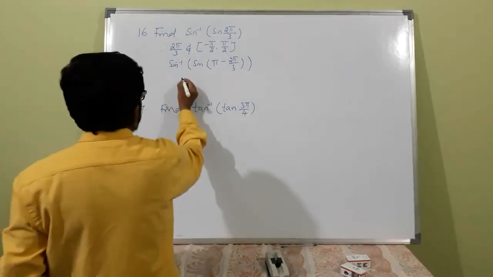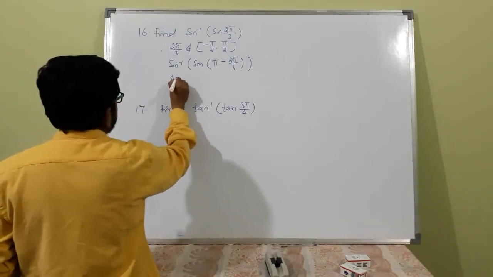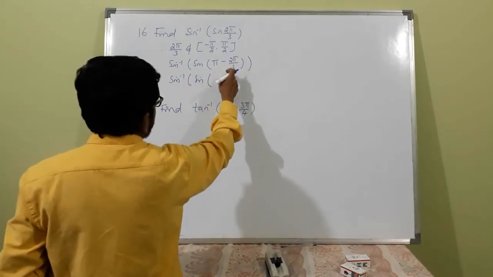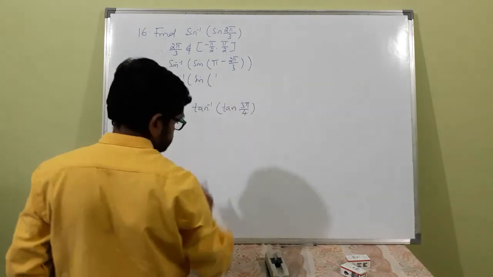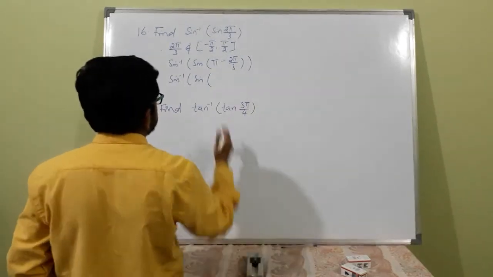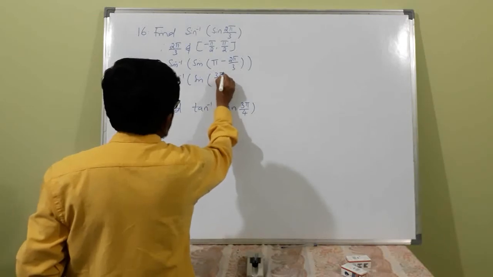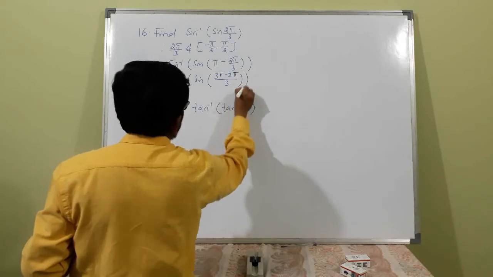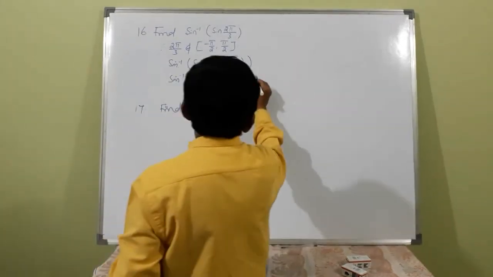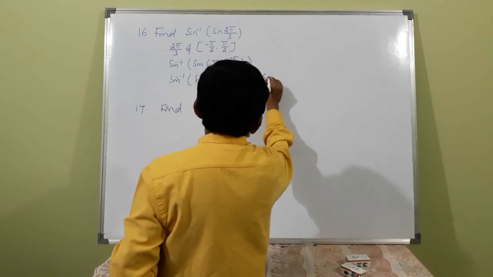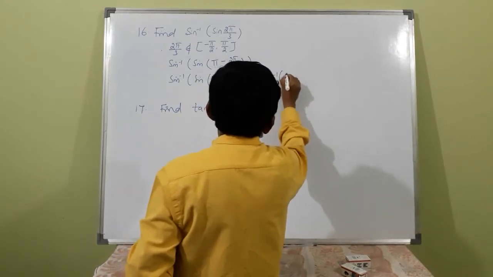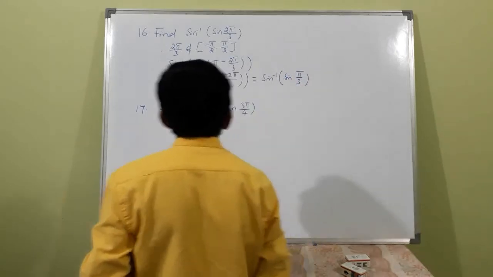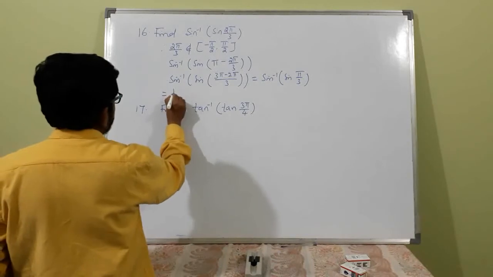Okay, that is equal to sine inverse of sine of 3 pi minus 2 pi divided by 3, 3 pi minus 2 pi divided by 3, that is equal to sine inverse of sine pi by 3, that is equal to pi by 3.